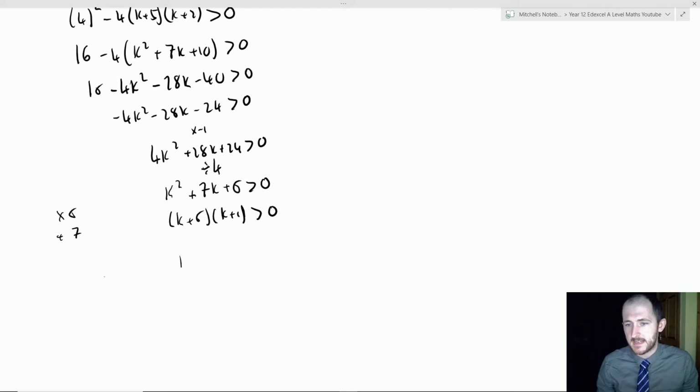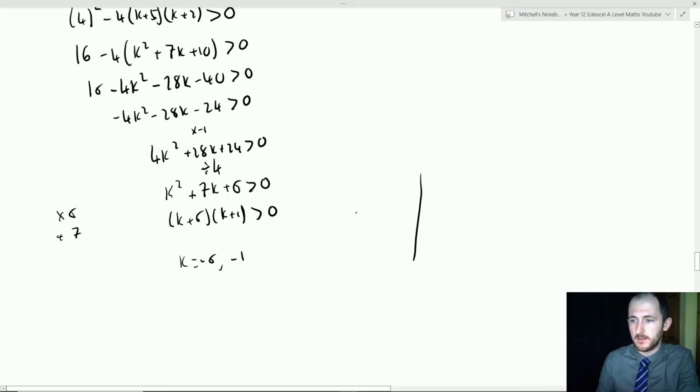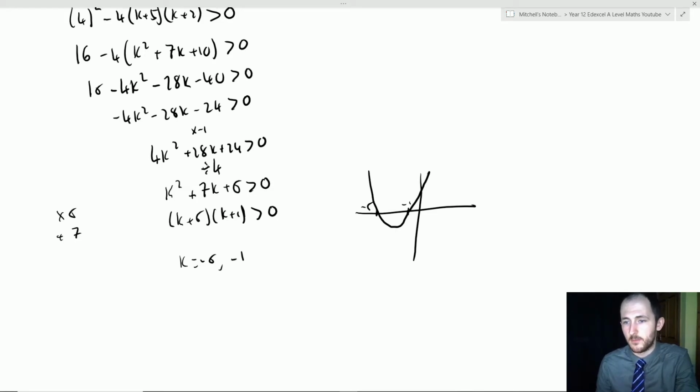So it crosses the x-axis at minus 6 and minus 1. And now I need to know which side the inequality takes. The way to do that is you draw your graph out. It's going to cross at minus 6 and minus 1, and it's a positive quadratic, so it looks like a big happy face. I'm looking for the values that are above the x-axis.